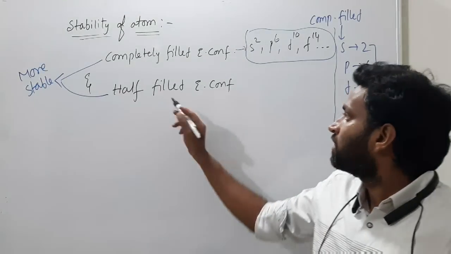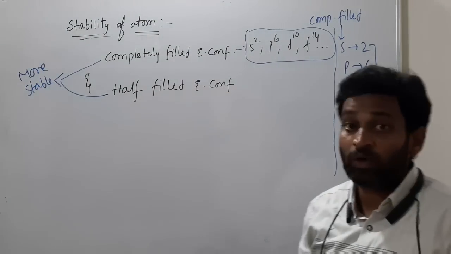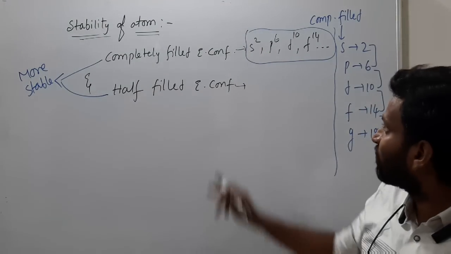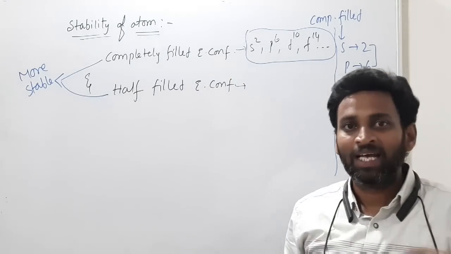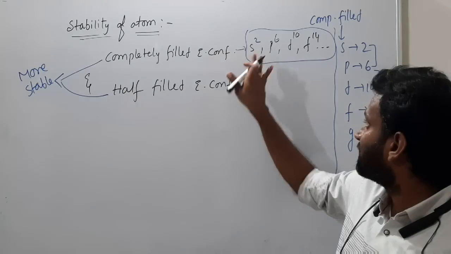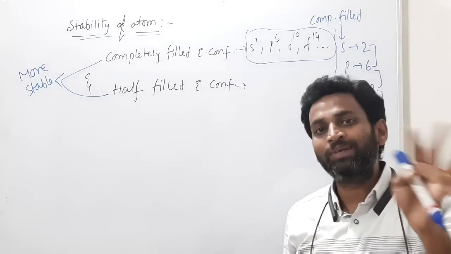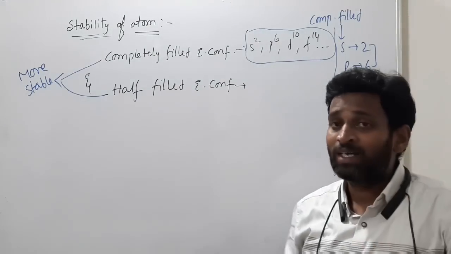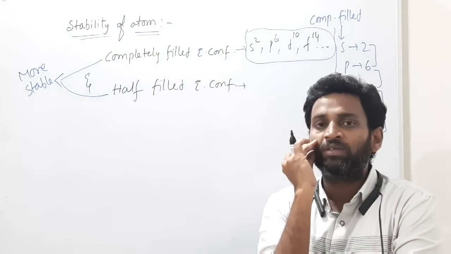Okay, now what does half filled electronic configuration mean? For the s subshell we won't say half filled, because s with 1 electron is not stable. So s is exceptional. s2 is completely filled, that's it. Sir, s1 is half filled?